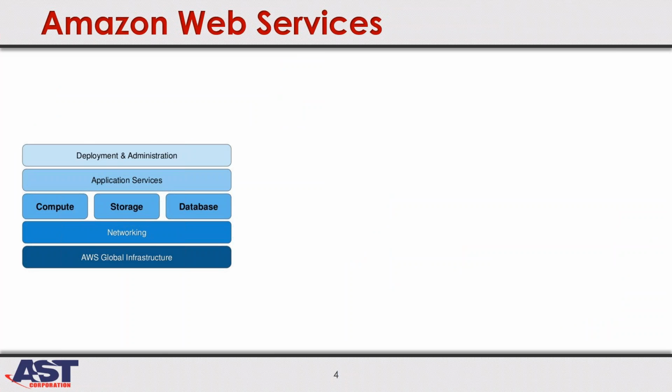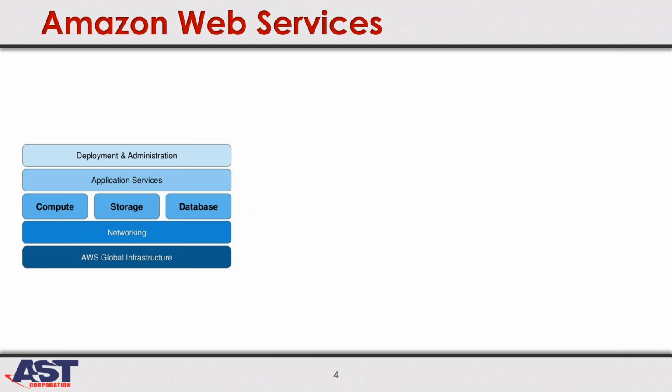Amazon Web Services provides different services like compute, so they provide the servers for our users, and they provide storage, database services, application services, and deployment and administration. With Amazon Web Services, we can do the whole DevOps work, from development to operations, like developing the application and deploying the application. We are mostly interested in the database for this session.